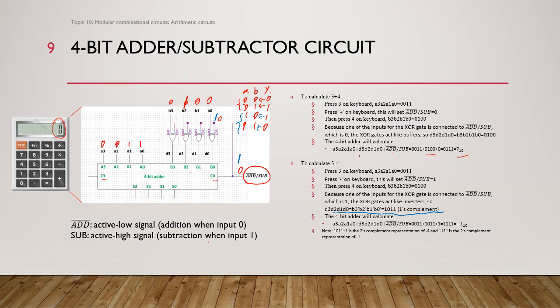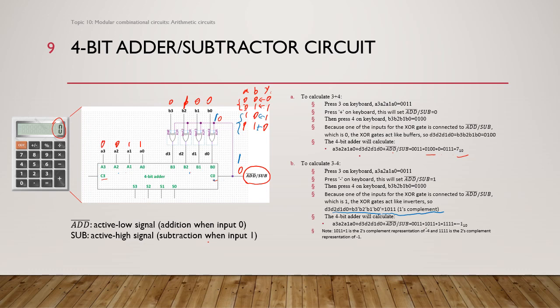Right? Then the 4-bit adder still has the function to add things up. It still does the same operation. It will add data A to data B and C0. But because D3, D2, D1, D0 equal the opposite of B3, B2, B1, B0, we are adding 0, 0, 1, 1 to 1, 0, 1, 1, then plus 1, because this time C0 receives a 1 there. So think about it.